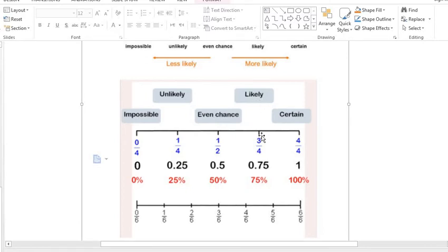Likely, 3/4, 0.75, 75%. Certain, 4/4, 100%. Okay, I can change here the fractions to the denominators here 4, and I can change it by 6, 7 or whatever.